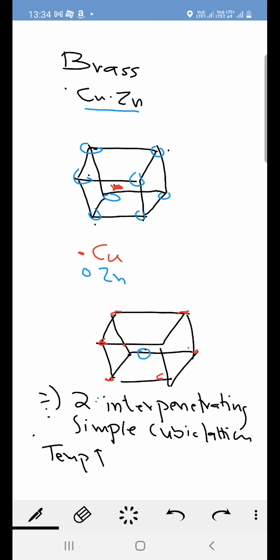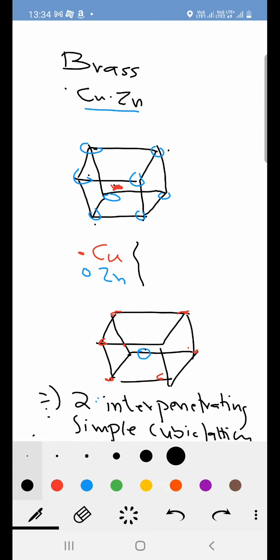Now, at a certain temperature Tc, the order is found to drop rapidly. So there will be a certain temperature up to which the order will be maintained. But when you cross that threshold temperature Tc, the order will drop very rapidly. And so these sort of structures are also found in other materials.